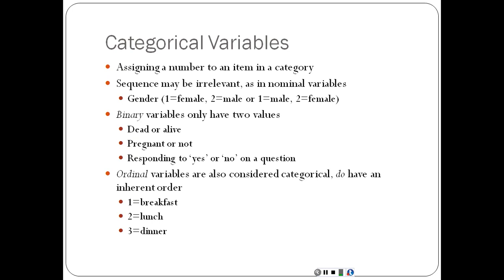Ordinal variables are also considered categorical. Unlike nominal, ordinal variables do have an inherent order, which should be preserved in the coding sequence, such as 1 for breakfast, 2 for lunch, 3 for dinner. So we just talked about this. I'm reviewing it again because it could be a lot of new terminology, so we just want to get familiar with these terms.